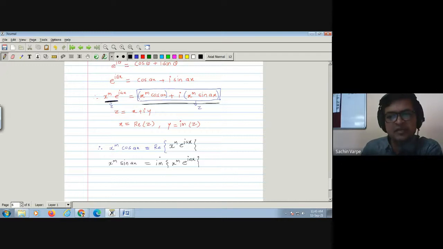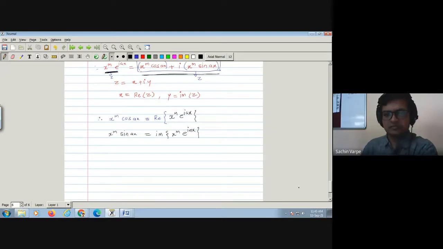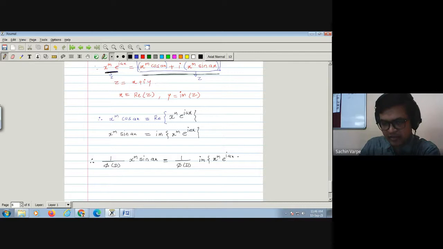So from here we will start to write the formula. Therefore, how can I write 1 upon phi of D x raised to m sin ax? 1 upon phi of D imaginary part of x raised to m e to the power i ax.